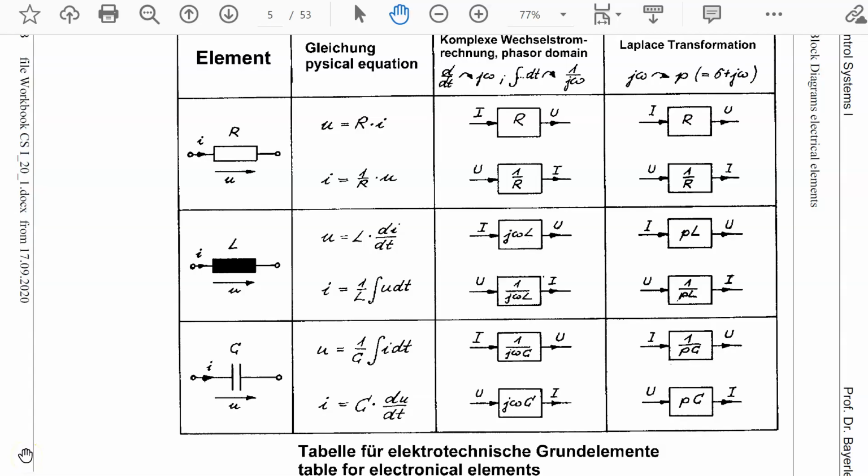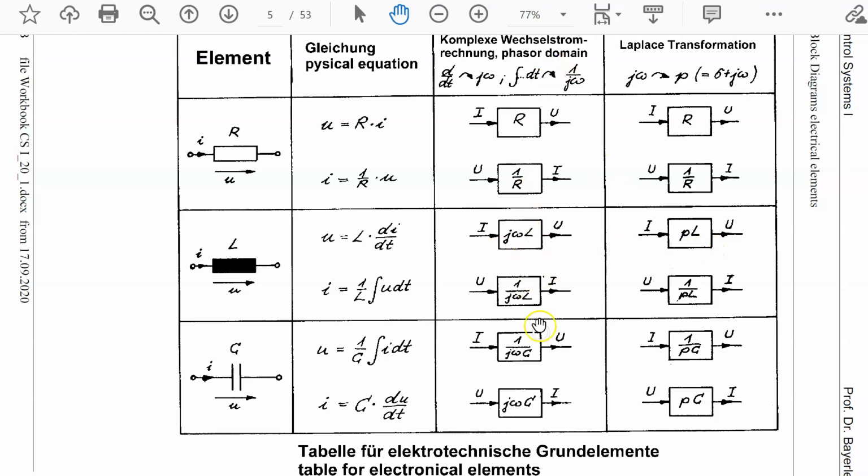On page 5 you can see what I have told you about the resistor. These are the Laplace transfer function elements, capacitance and so on. Here are the physical equations in the time domain. Additionally, the same situation in the phasor domain, in German komplexe Wechselstromrechnung, where the differentiation is replaced by a multiplication with j omega and the integration is replaced by 1 over j omega.